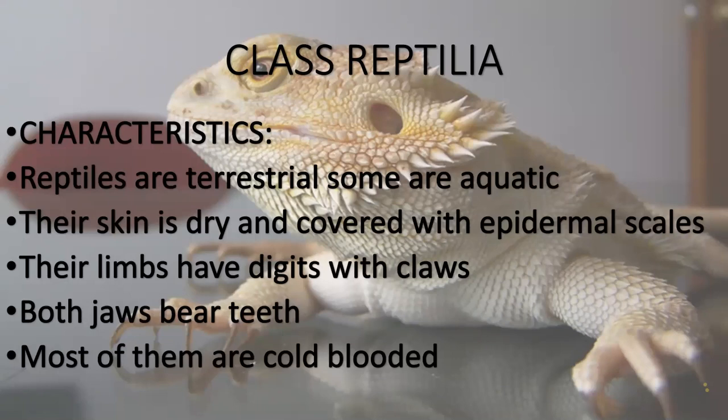Cold-blooded means the animals survive in whatever environment they are found, they live there. And the body temperature is changeable, it keeps on changing. So they are termed as cold-blooded animals. Clear?